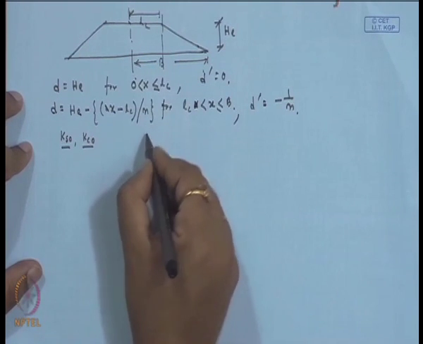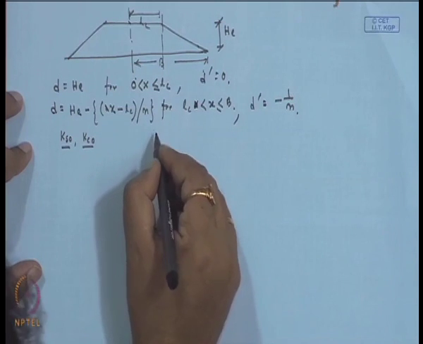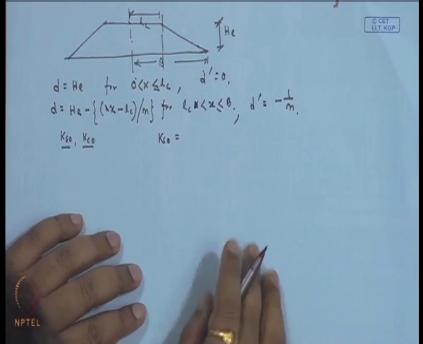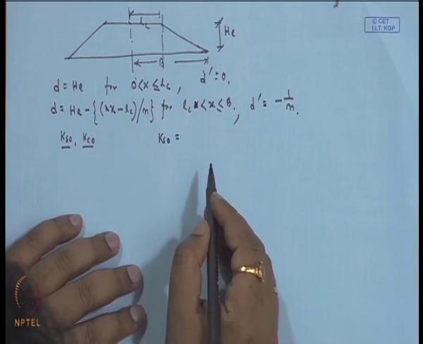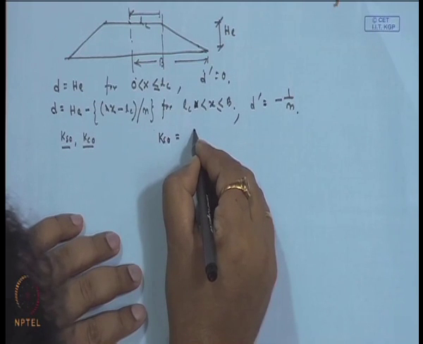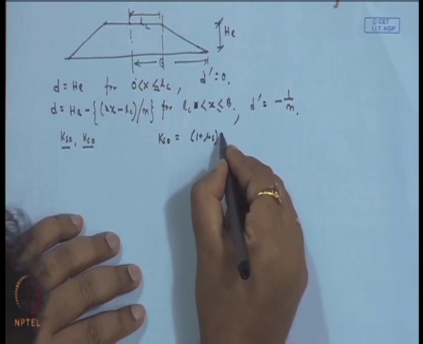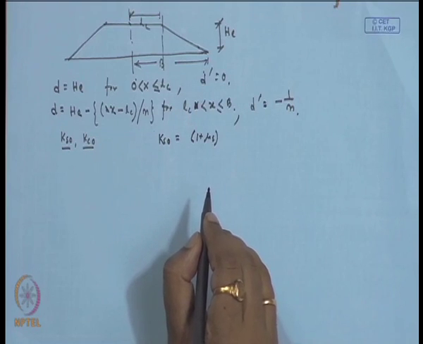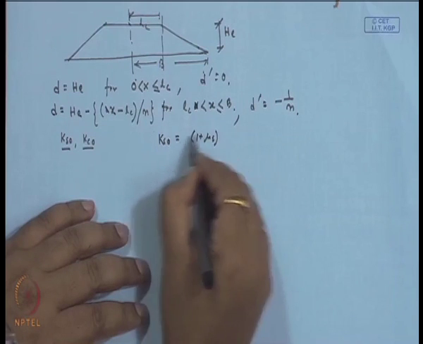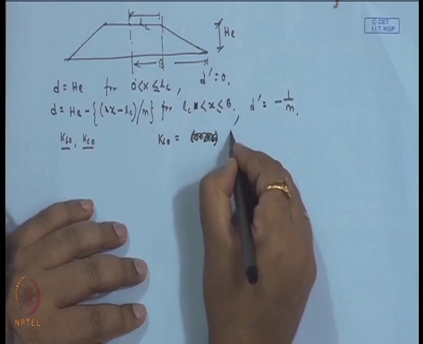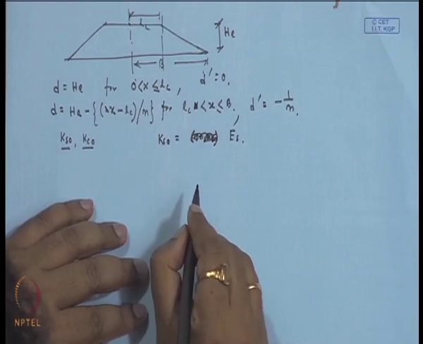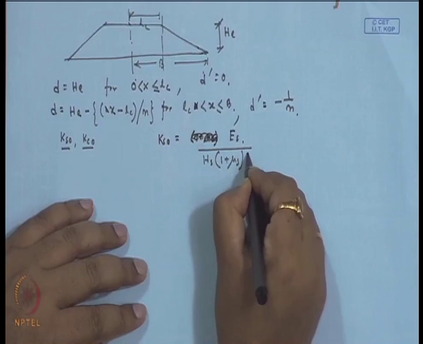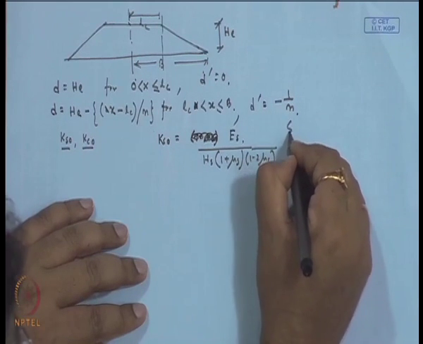The relationship between Ks 0, the subgrade modulus, and E is given as Ks 0 equals E s divided by H s into (1 plus mu s)(1 minus 2 mu s). This is also proposed by Selvadurai.